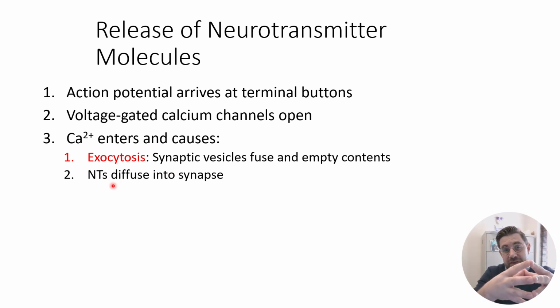Once the synaptic vesicles get released, the neurotransmitters are then hanging out in the synapse itself. So that's the whole point of the action potential. The whole reason we set up the resting potential was to get an action potential, and the whole reason for the action potential is to cause exocytosis so that you can get dopamine or glutamate or whatever it might be into the synapse.